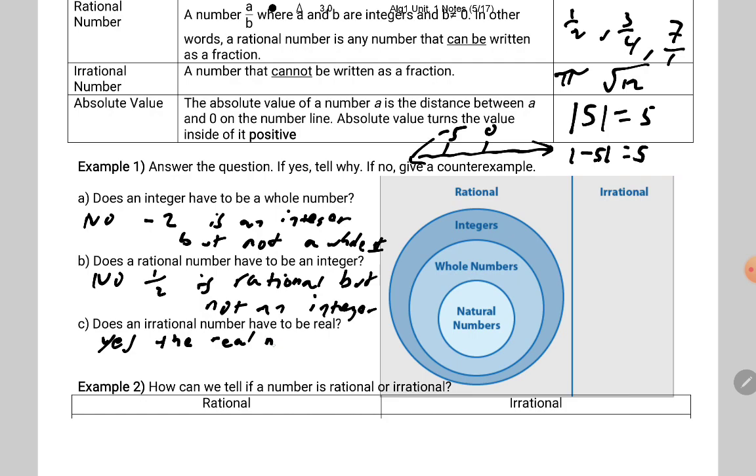So the real numbers include all rational and irrational. So it includes both. So here's the real number system. It includes all of these.